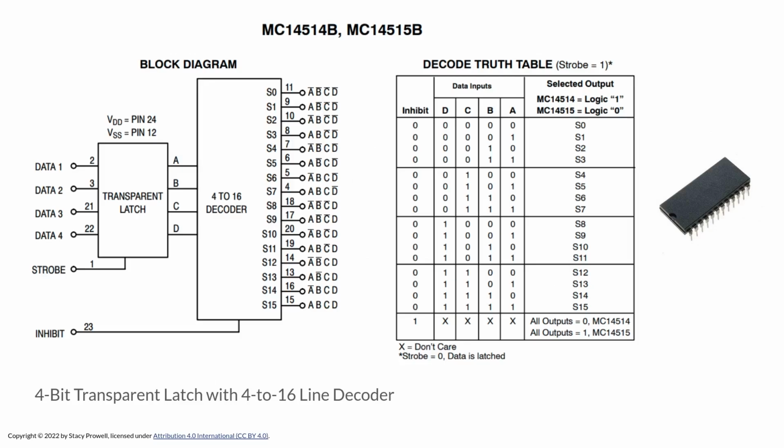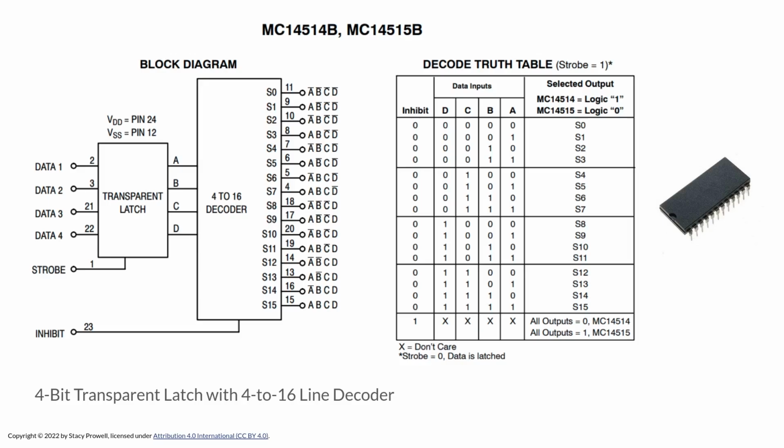So memory becomes something that is starting to be a little bit decoupled from just the straight address lines, right? So we might use something like this. This is a transparent latch that also has a 4 to 16 line decoder.